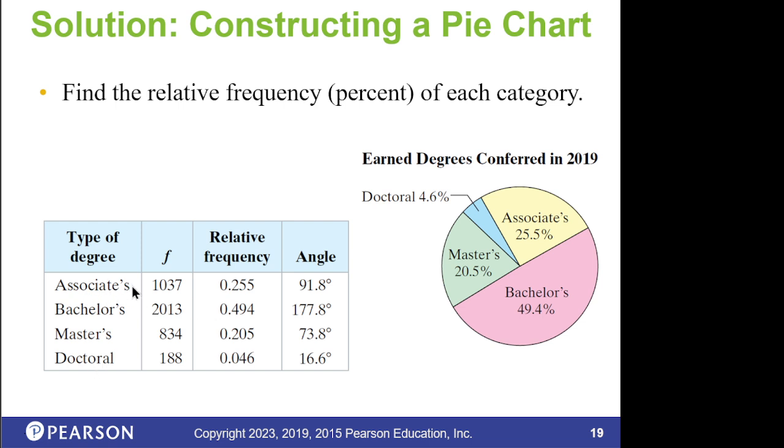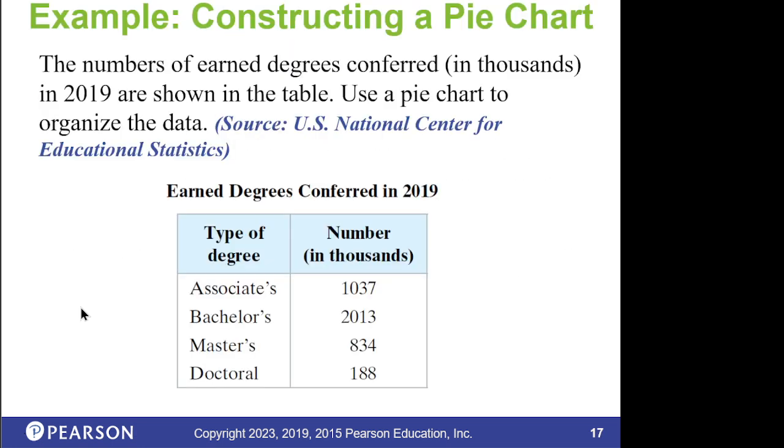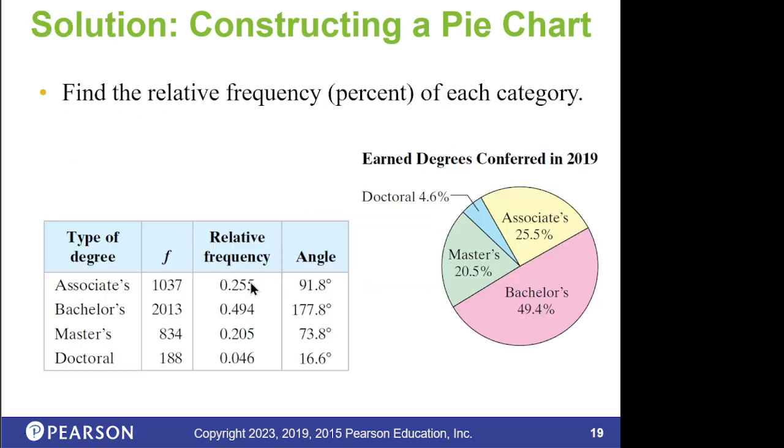So for example, there were, out of all of the bachelor's degrees, if I go back up here, if we add up all of the degrees, get my calculator out.